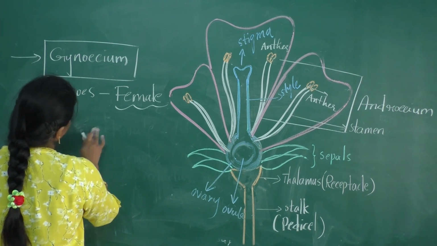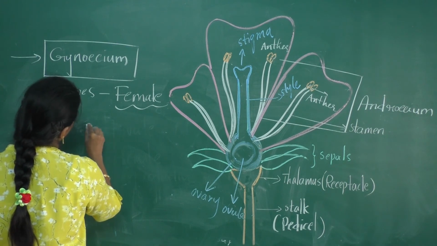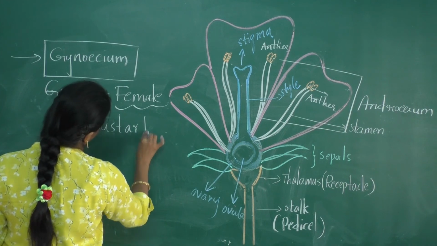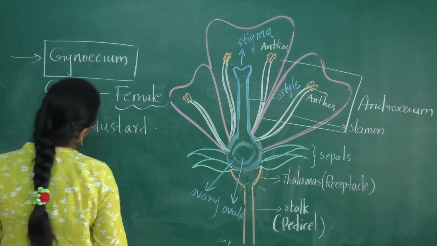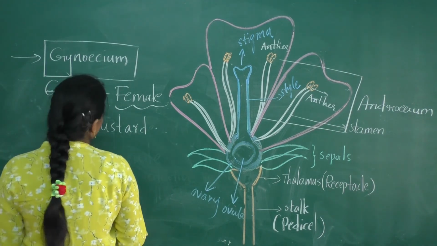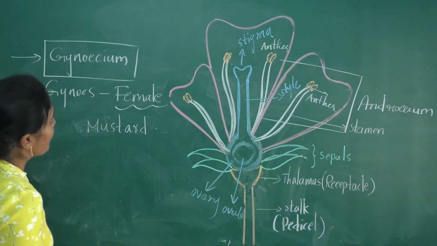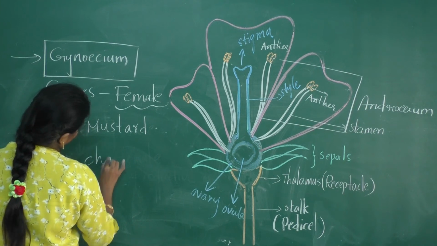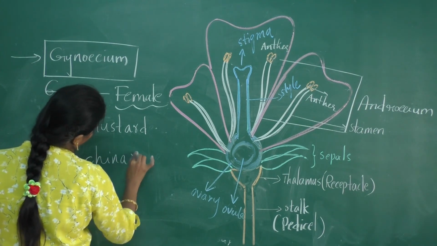In some flowers the petals may be free. Example, mustard. In some flowers the petals may be fused. For example, China rose.